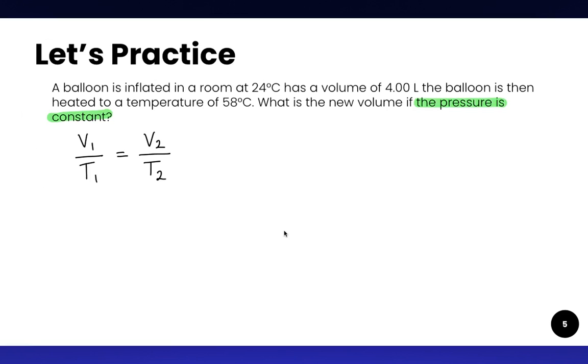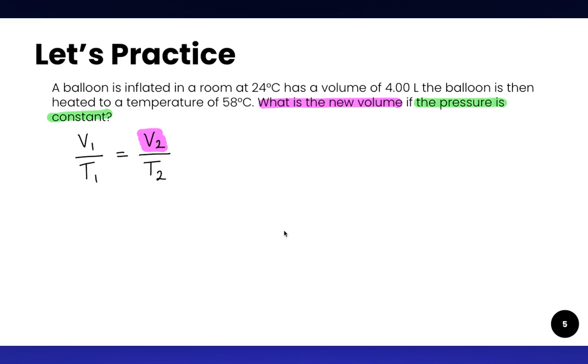Okay, the next piece to pick out is what are they asking for? They want to know what is the new volume. So they're asking for V2. Now, the next thing you ask yourself is, what do I know?